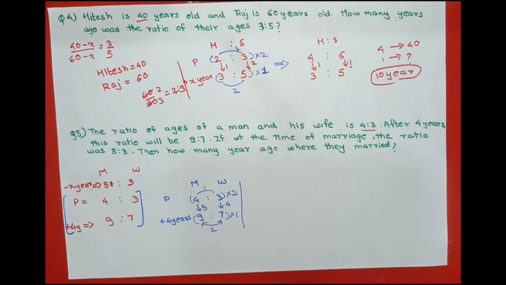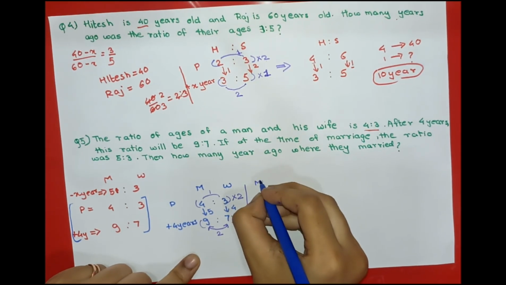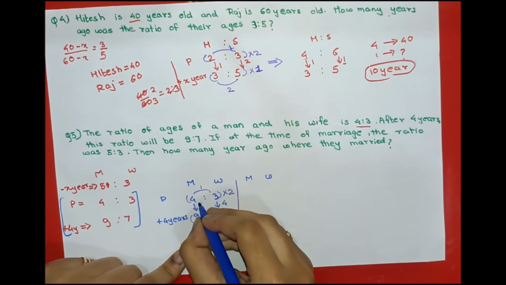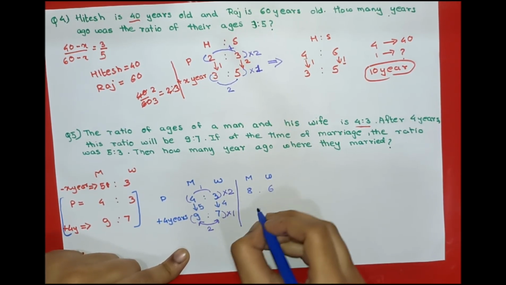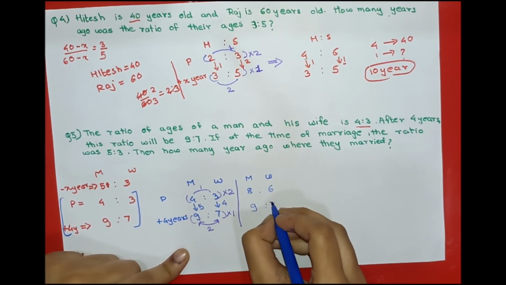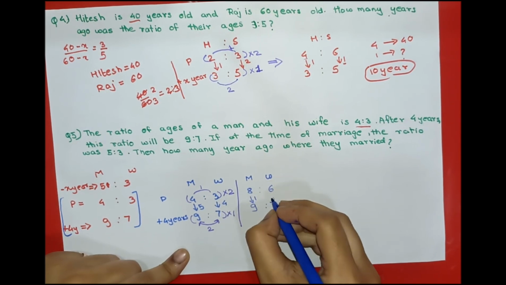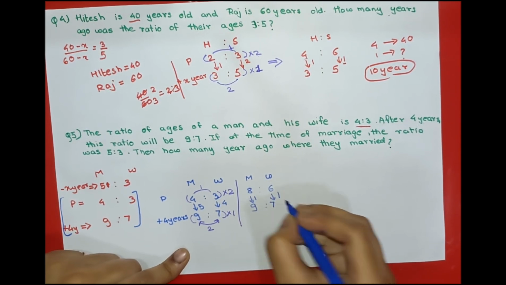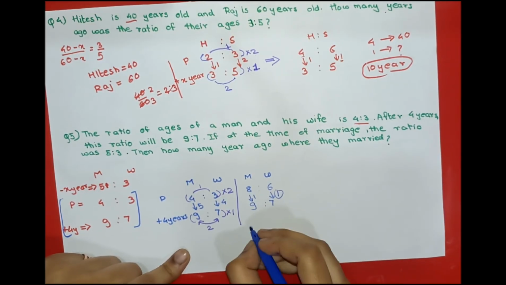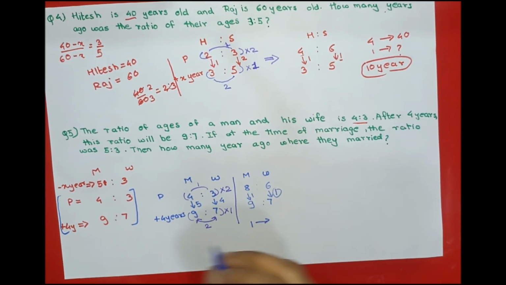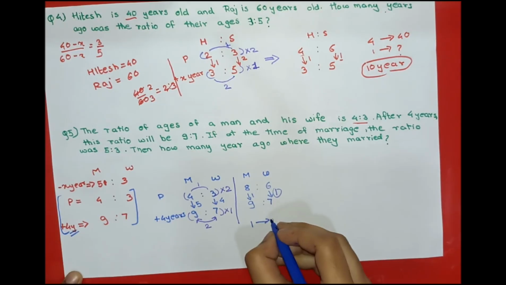So we get it as 2 fours are 8, 2 threes are 6, 1 nine is 9, and 1 seven is 7. Now the difference is the same, it is 1, and here also it is 1. So the difference is 1, but in reality the difference was 4 years.